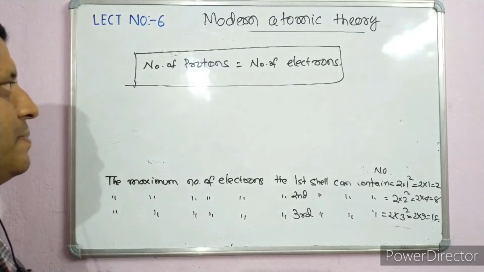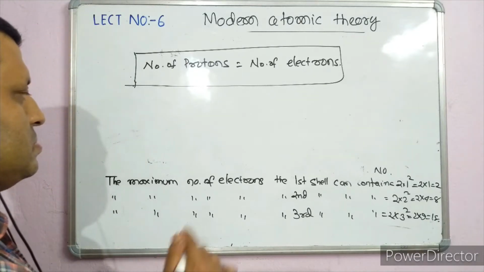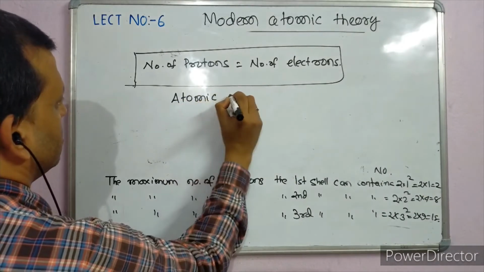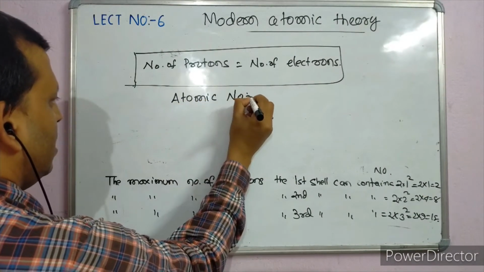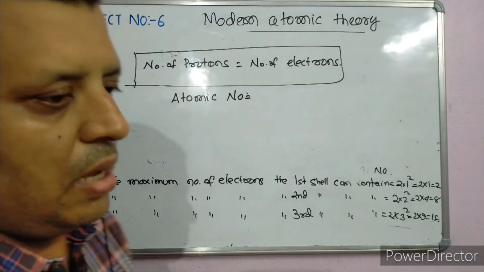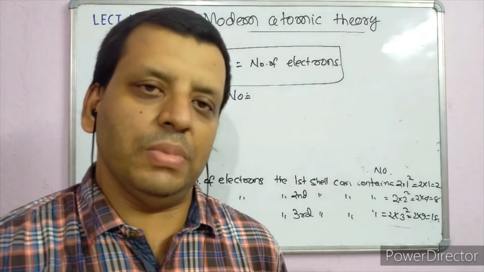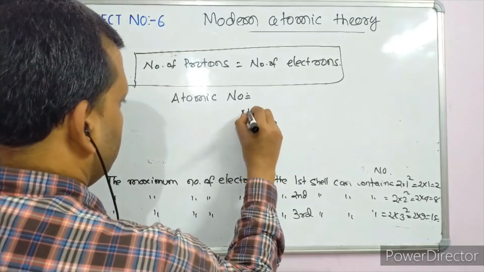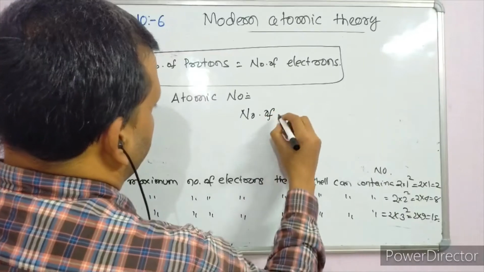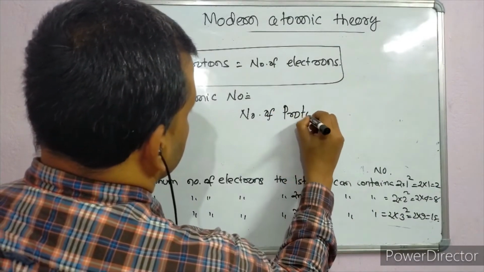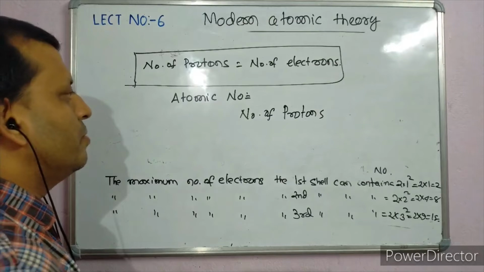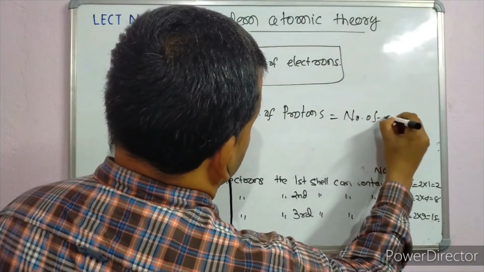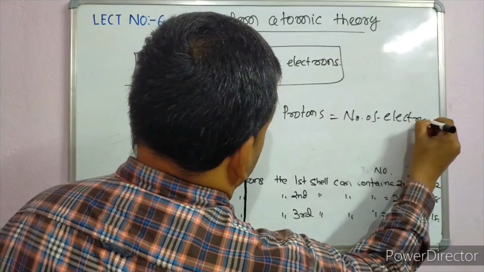Then there is the concept of atomic number. Each atom has a single atomic number. The atomic number is nothing but the number of protons contained by that atom, which is also the number of electrons contained by that atom.